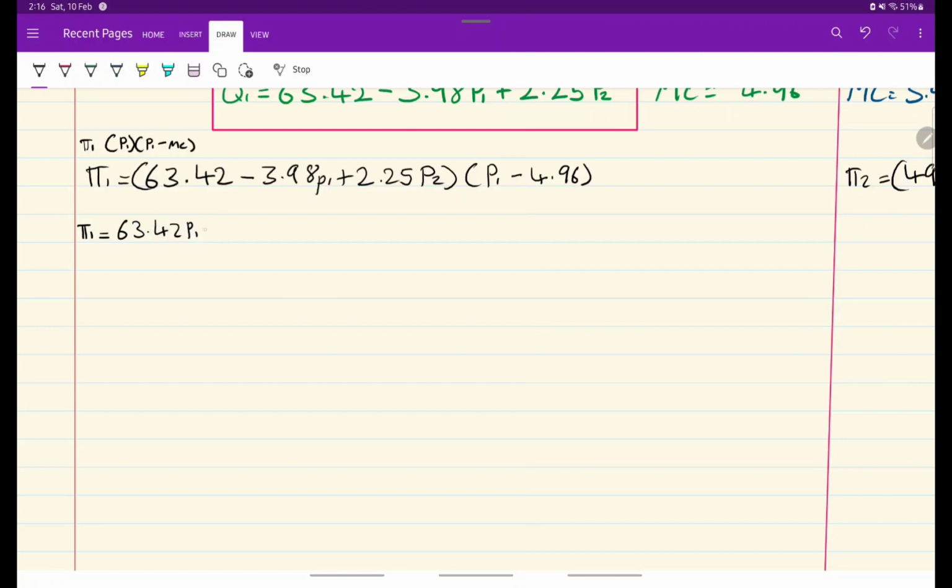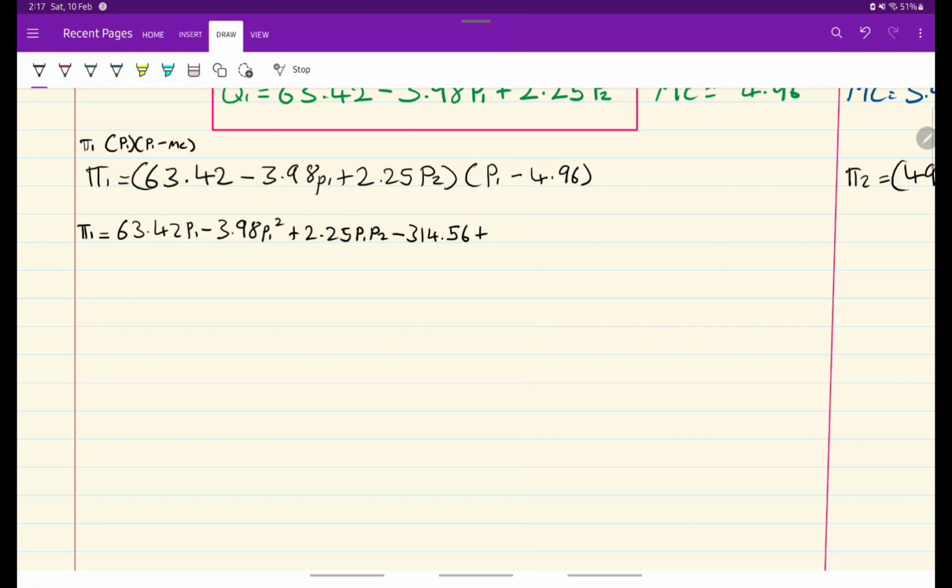63.42 P1 minus 3.98 P1 squared plus 2.25 P1 P2 plus 314.56. That is a minus, sorry.